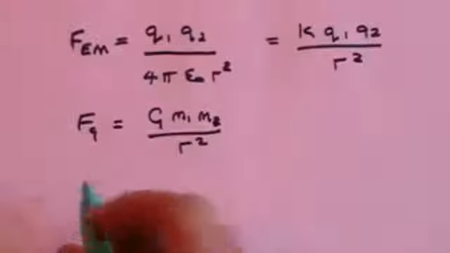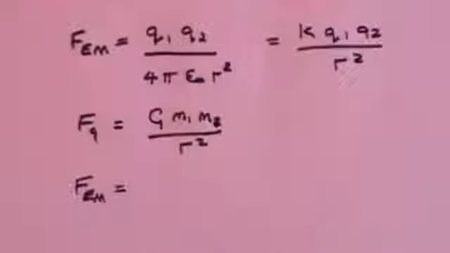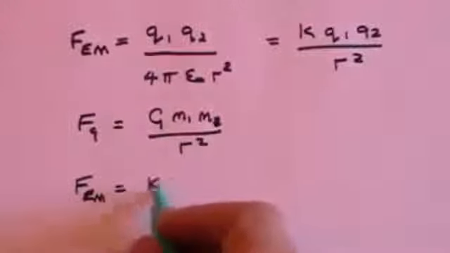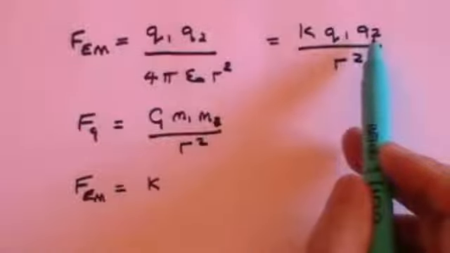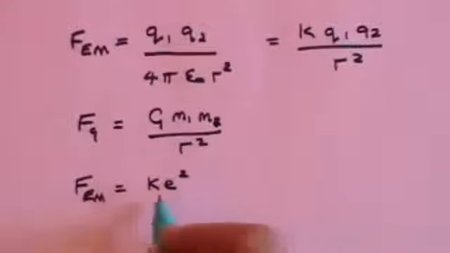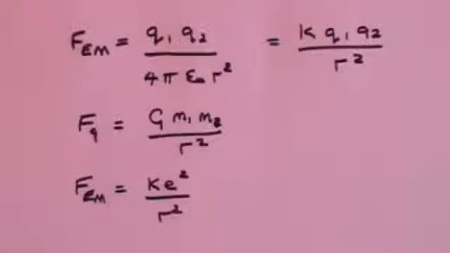So now I can write that the electromagnetic force of 2 electrons will be equal to k, and Q1 and Q2 are both e, the charge on the electron. So that's k e squared divided by r squared.